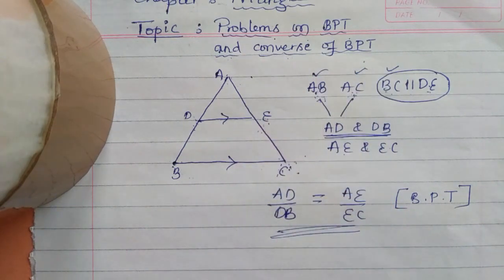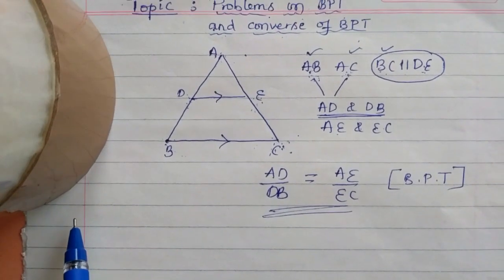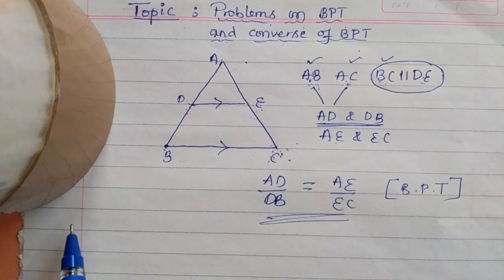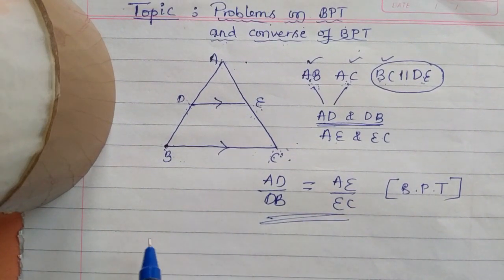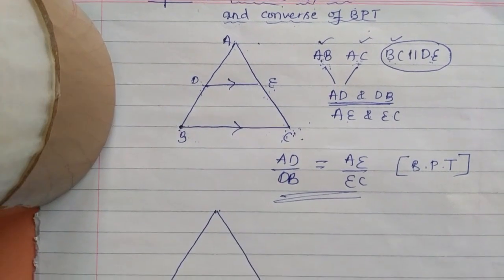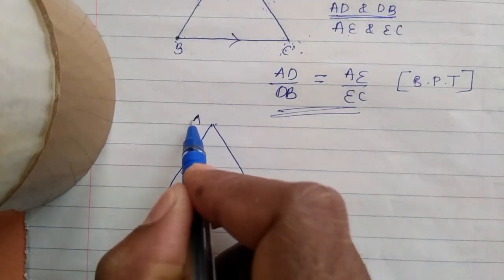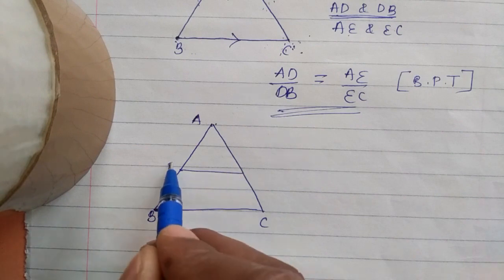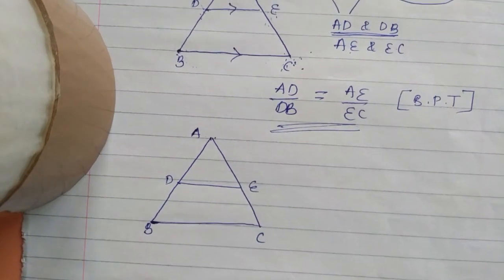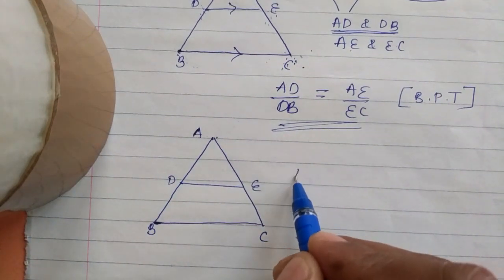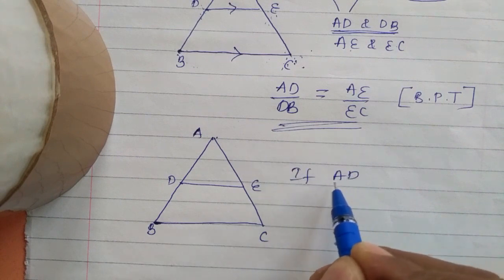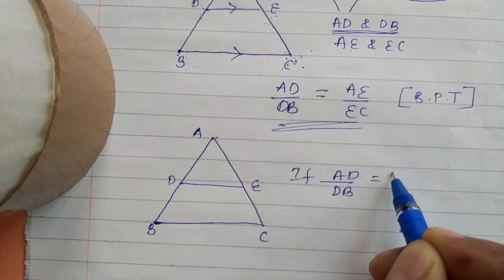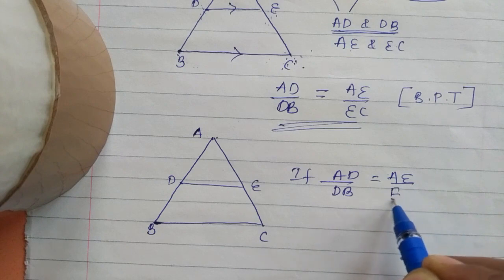What is the converse of BPT? Converse of BPT is like BPT, but in triangle ABC, DE is a line. Here, if AD by DB is equal to AE by EC.